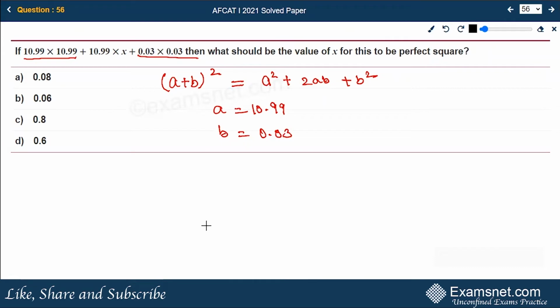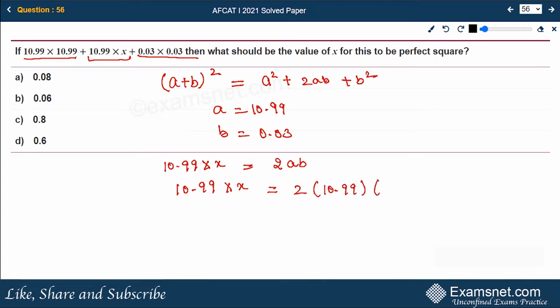right? So over here, this expression into x should be equal to twice into a into b. So 10.99 into x is equal to 2 into 10.99 into 0.03.